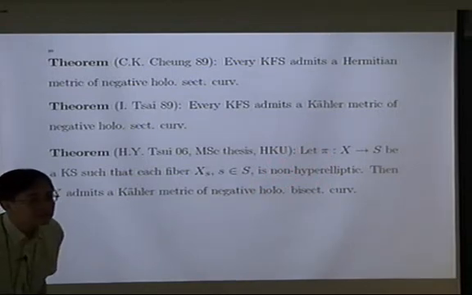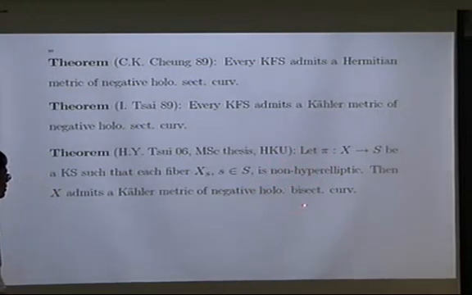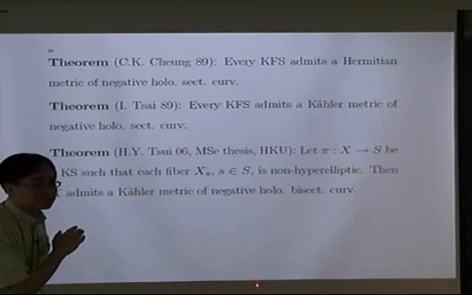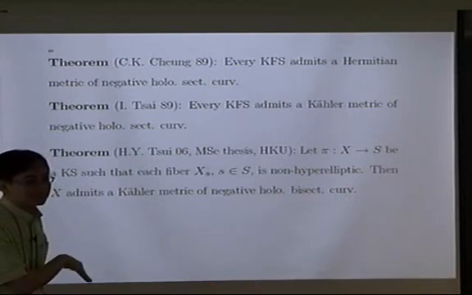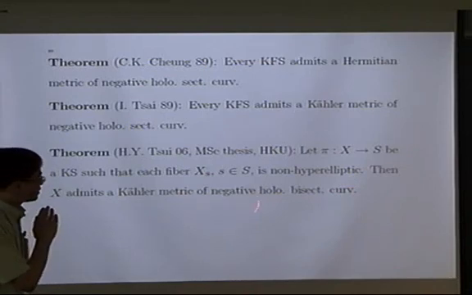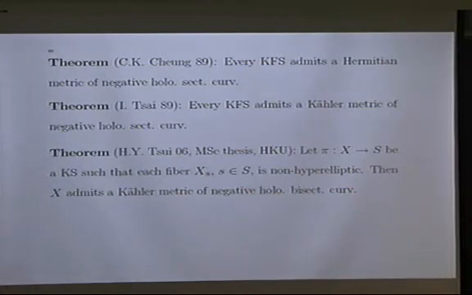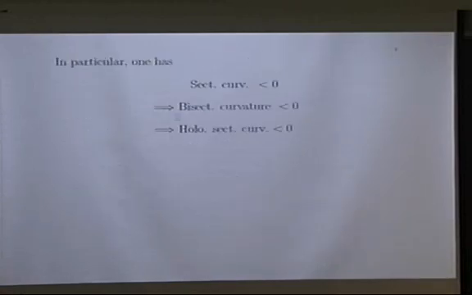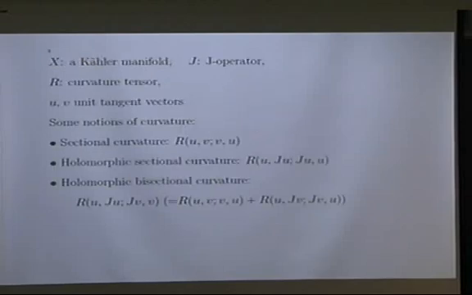What is the holomorphic bisectional curvature? It is somewhere between sectional curvature and holomorphic sectional curvature. You can compute it: you pick a pair of unit tangent vectors U and V, then it's given by R(U, JU, JV, V).